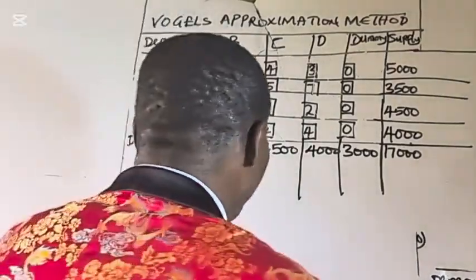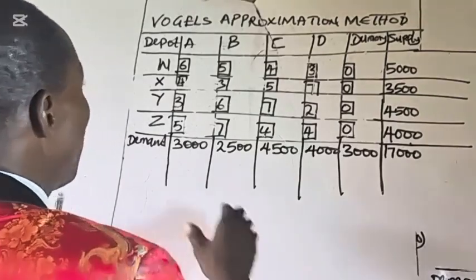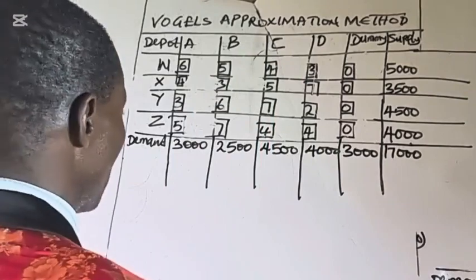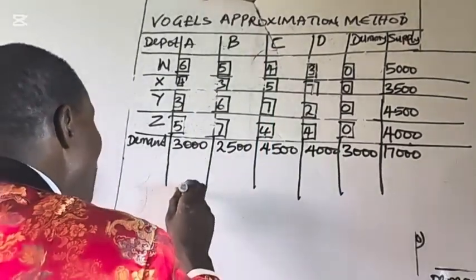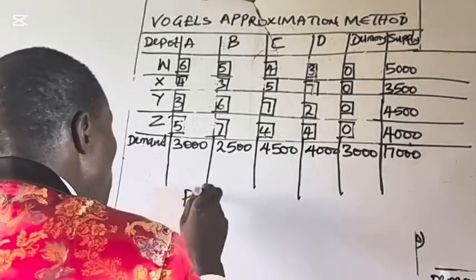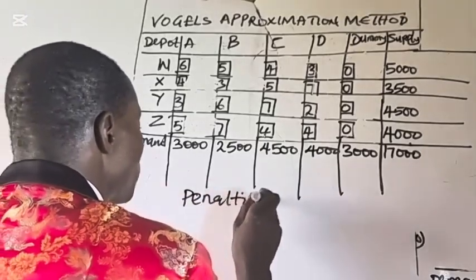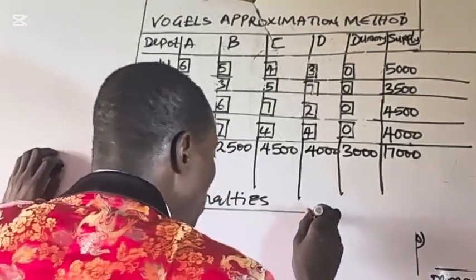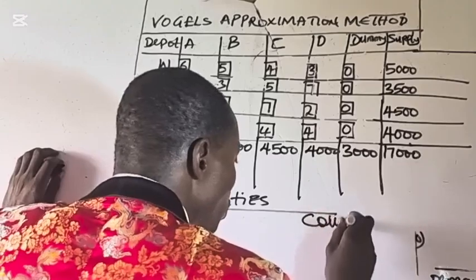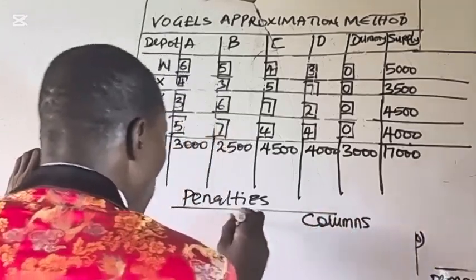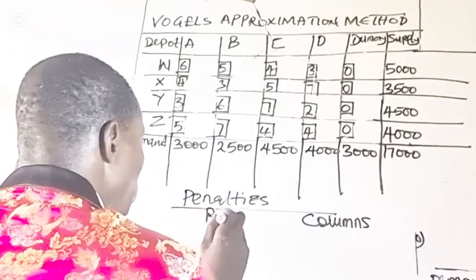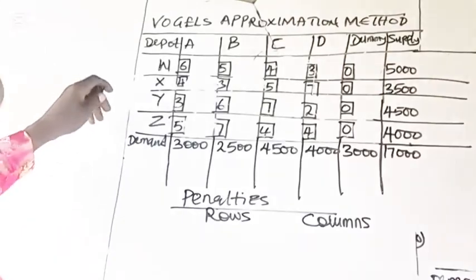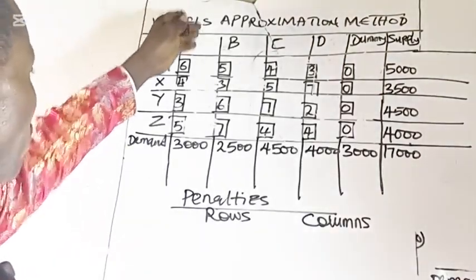Vogel's method can also be called penalty method. That is why you will need to have a penalty table. Penalties table. So you have 4 columns, then you equally have 4 rows.